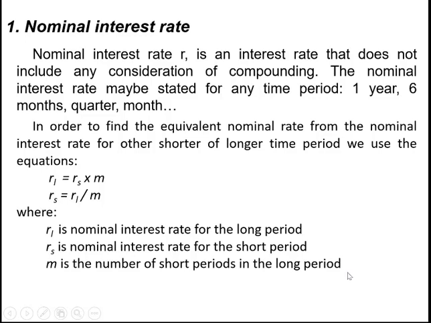Okay, for example, if we know the nominal interest rate of a quarter is 3%, we can calculate the nominal interest rate of a year as 3 times 4 quarters to get 12% per year.